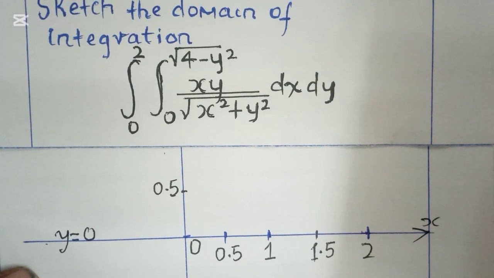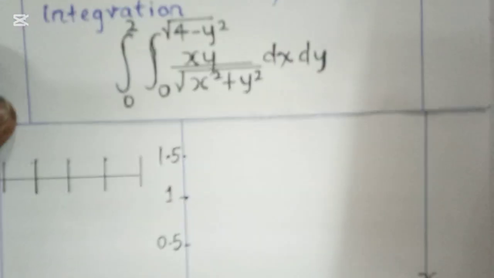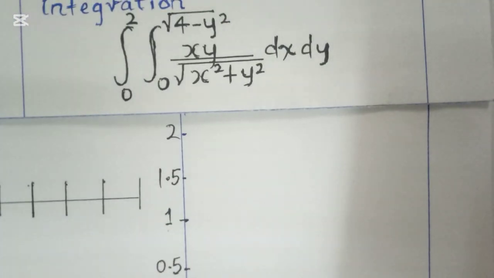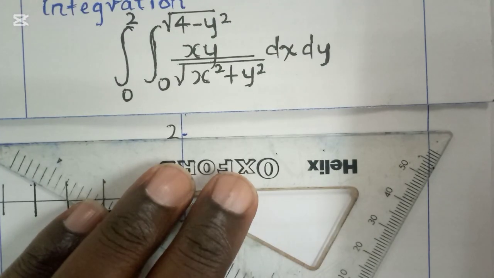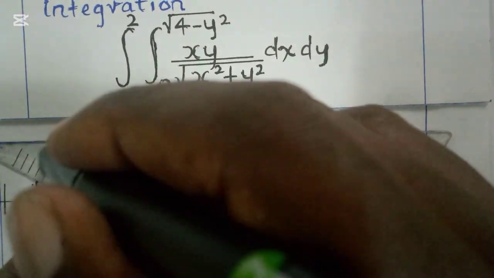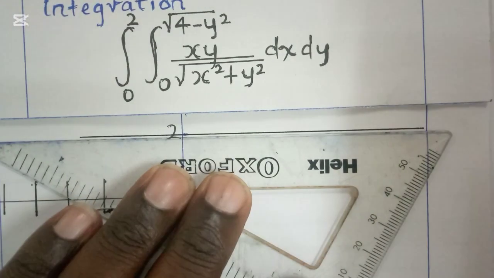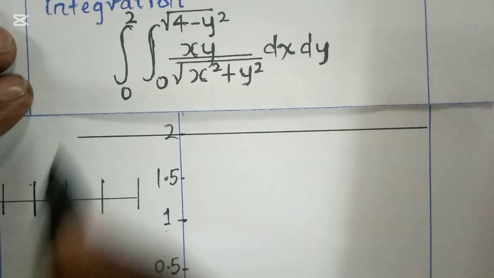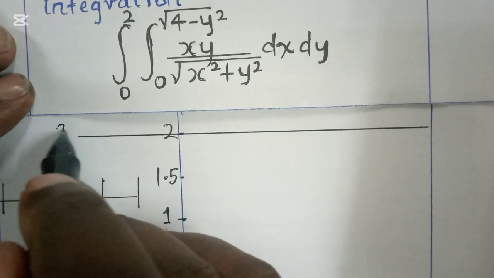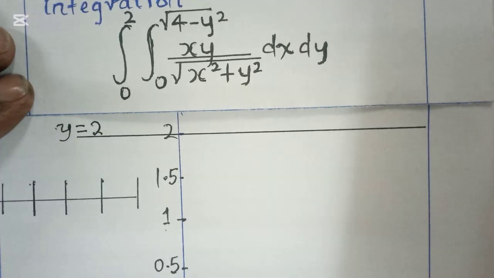Then we have the upper limit being 2, so we go to the point 2 and draw our upper limit carefully. That is the line y equals 2.